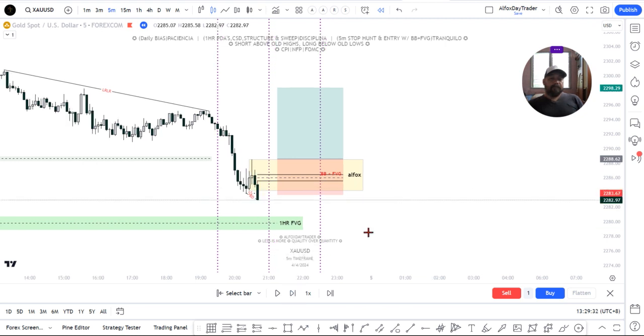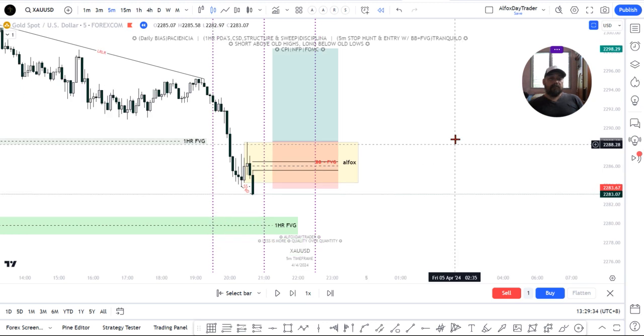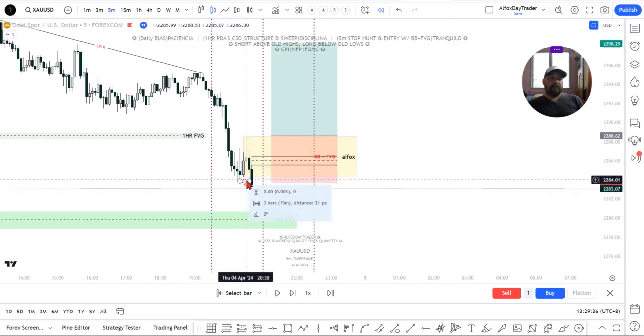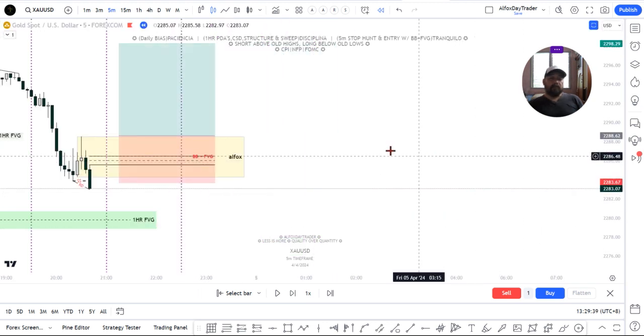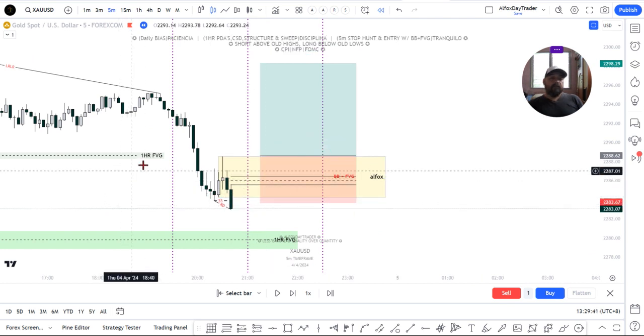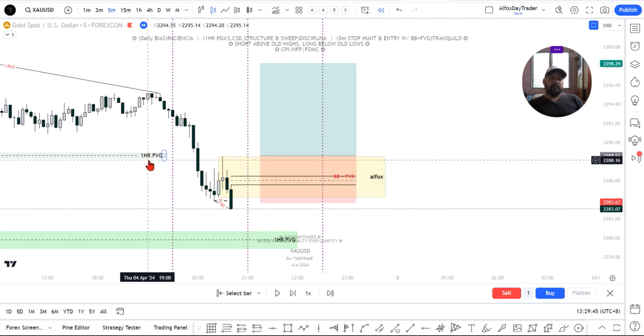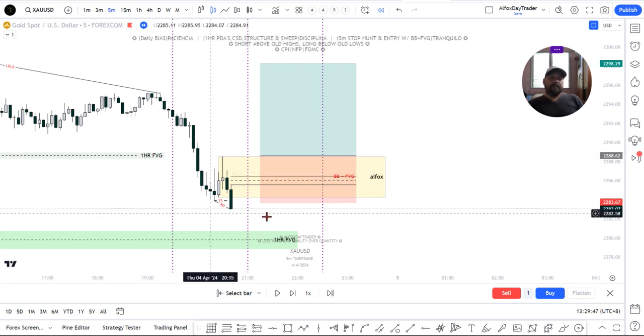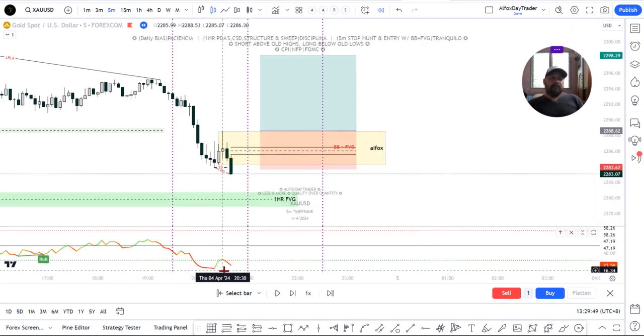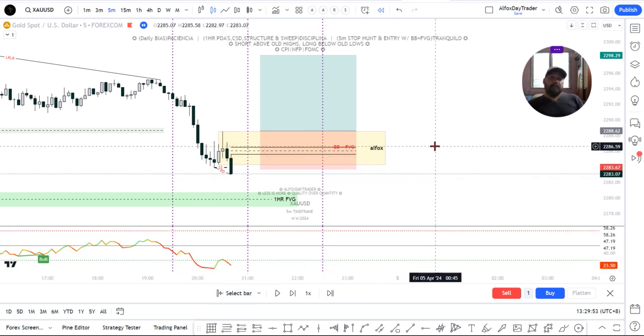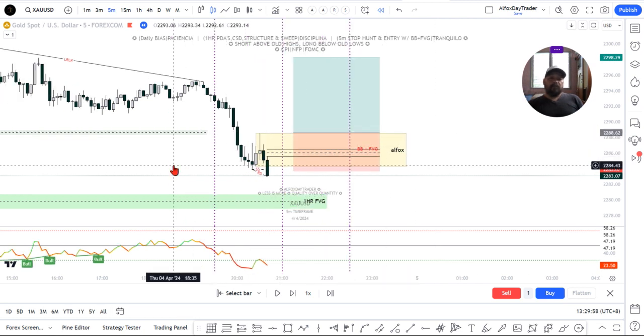and price also created its lower time frame stop hunt. So we have our stop hunt, we have our higher time frame mitigation for our PDA. Then we also have our RSI divergence, which is an additional confluence for me. So we're almost complete.